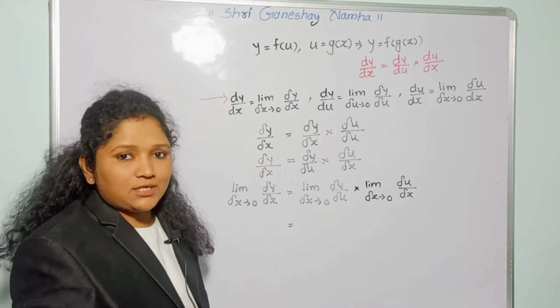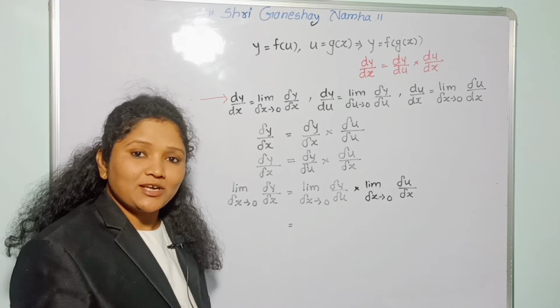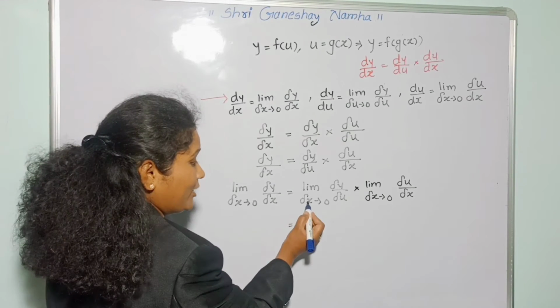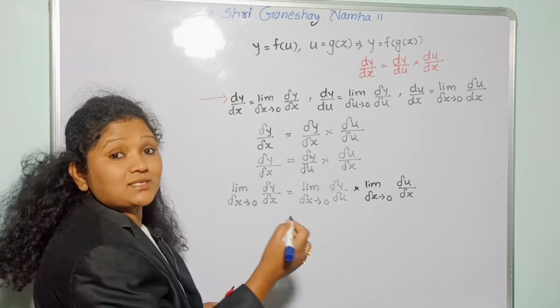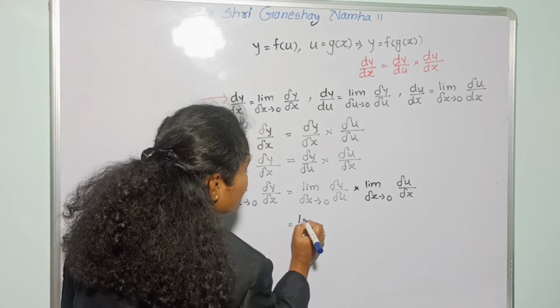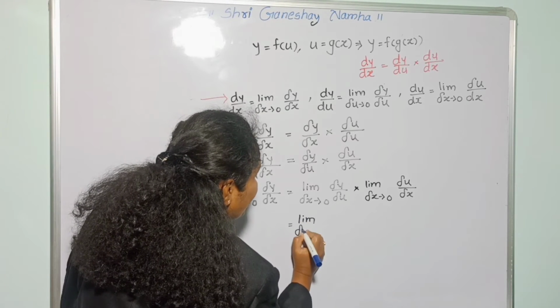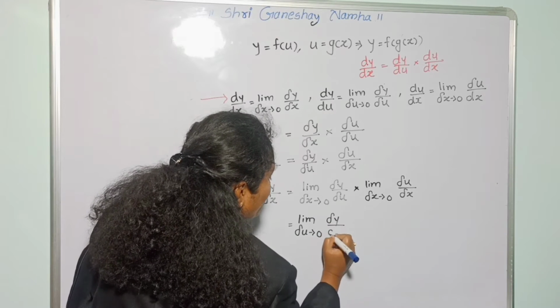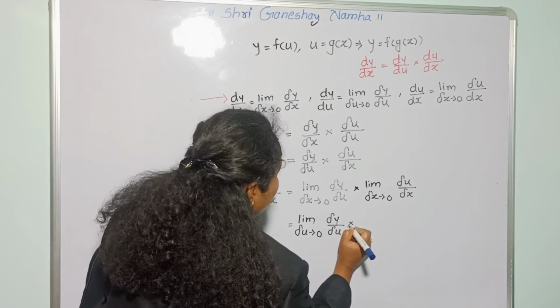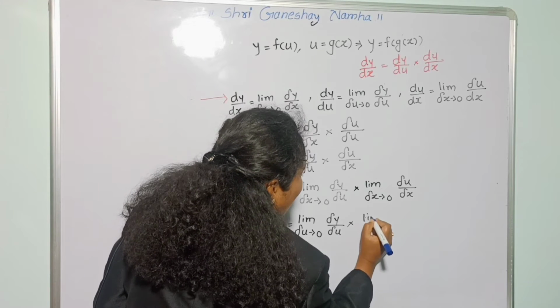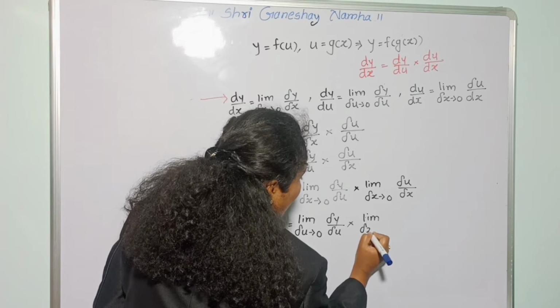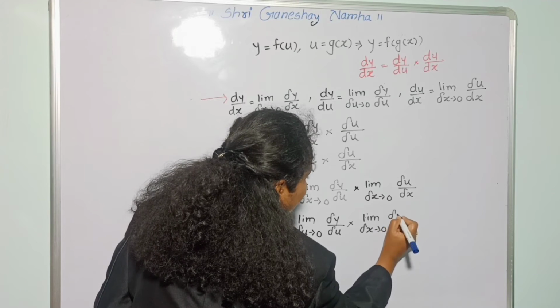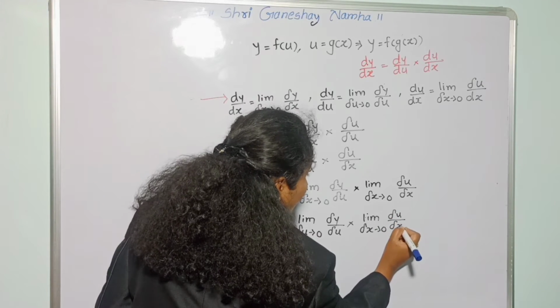If delta x tends to 0, then delta u also tends to 0. So we can write delta u tends to 0 in place of delta x tends to 0. Means limit delta u tends to 0 of delta y upon delta u multiplied by the limit, the second as it is, delta u upon delta x.